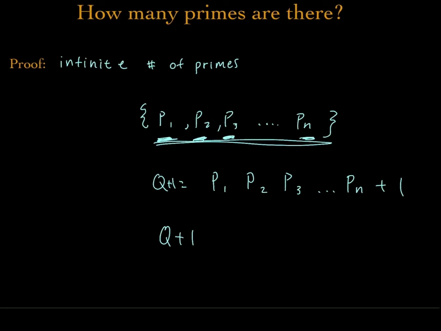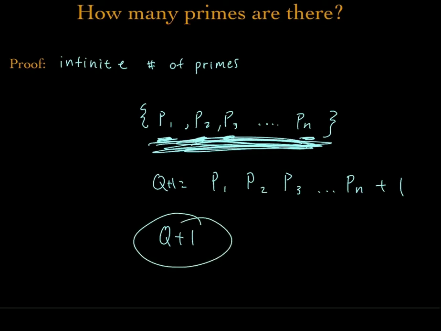So we've just shown that in this supposedly finite list, there's actually another number that's not only larger but also a prime. So it can't be true that there's a finite amount of primes. So that's the proof of why there's an infinite amount of primes. Proof by contradiction. Thank you for watching.